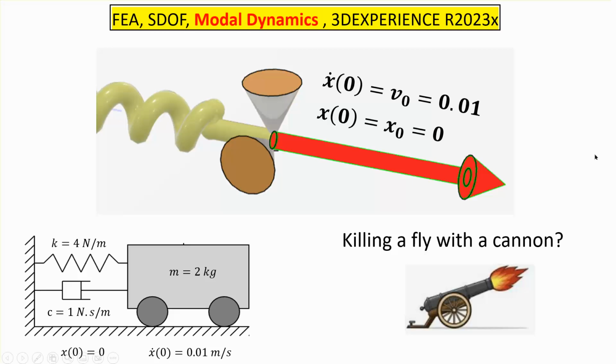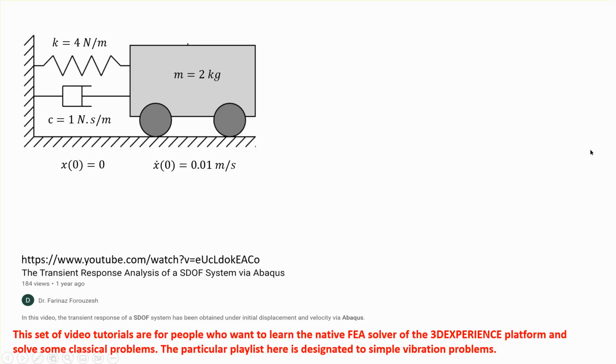Now, let me remind you that these tutorials are intended to target the people who are perhaps either completely new to 3D Experience, or maybe they have some experience with Abaqus CAE, and they want to see what the changes are if they want to model the same thing in 3D Experience.